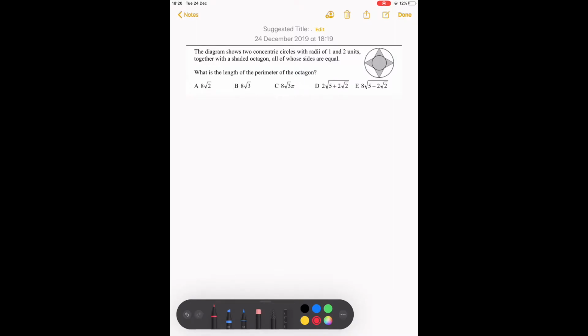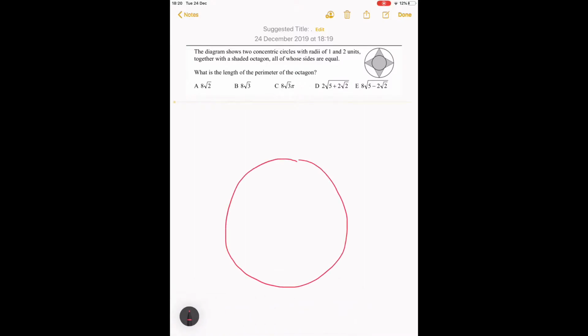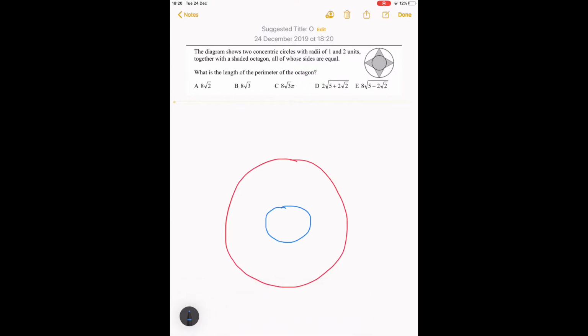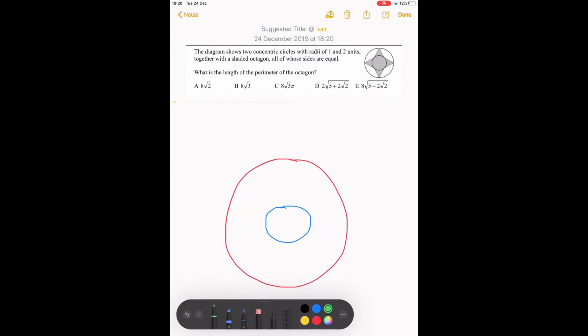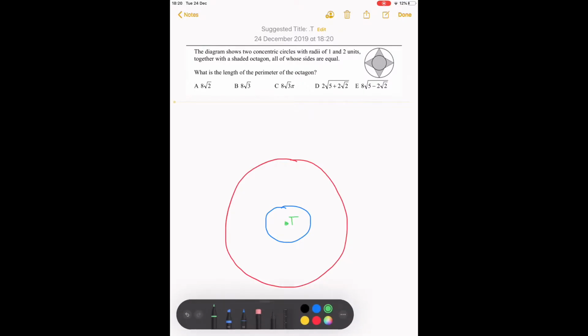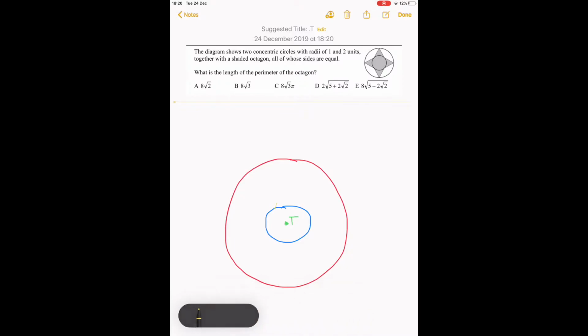So to make it easier, we'll draw the diagram again. We have our bigger circle on the outside, then our smaller circle on the inside, both with the same centre, which we can call T. And then our triangular shapes, whose sides are all equal and they're all shaded.